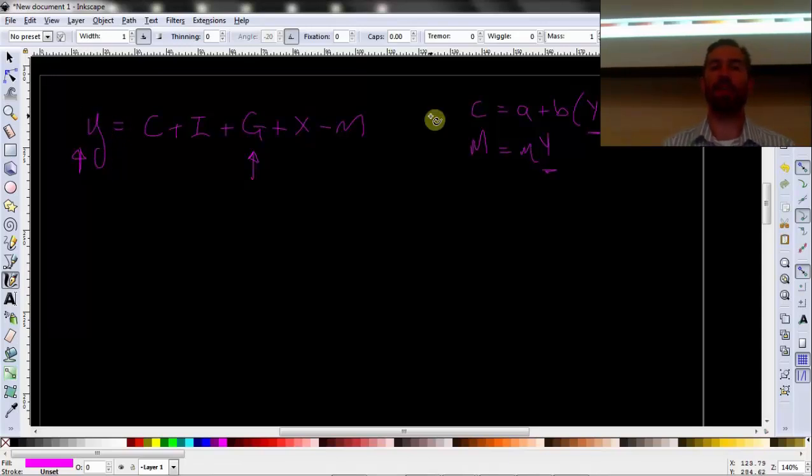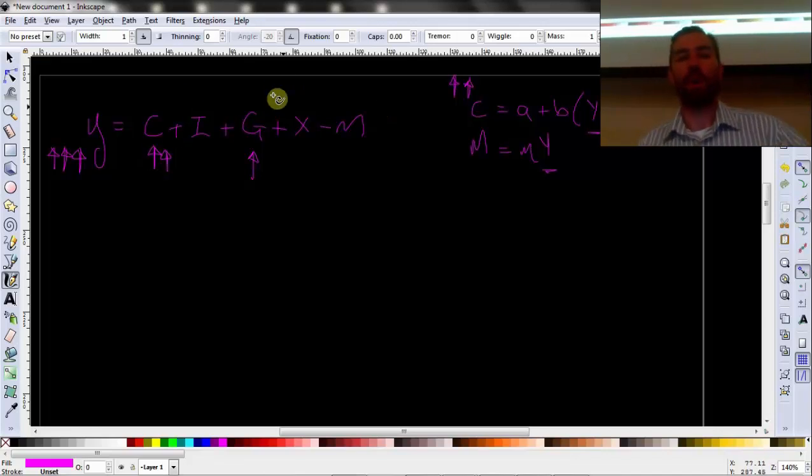However, that increase in output will generate an increase in income, right? Which will generate an increase in consumption. That increase in consumption will generate a further increase in Y. That further increase in Y will generate a further increase in consumption, which generates a further increase in Y, and so on.